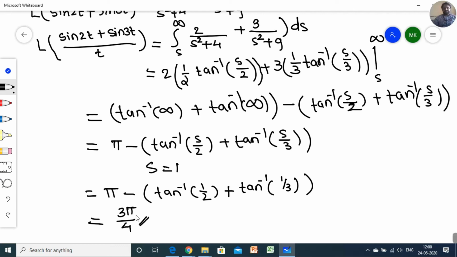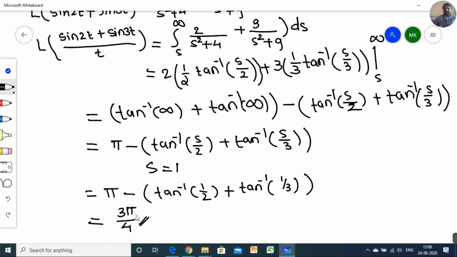So the answer must be 3 pi by 4. It is a very simple calculation. Just put the value of s in this equation and solve in a calculator: tan inverse of 1 by 2 plus tan inverse of 1 by 3. You might get pi by 4, that is 45 degrees, and pi minus pi by 4 gives 3 pi by 4. It must be your final result.